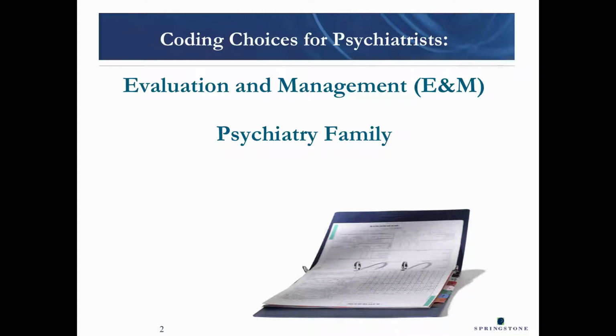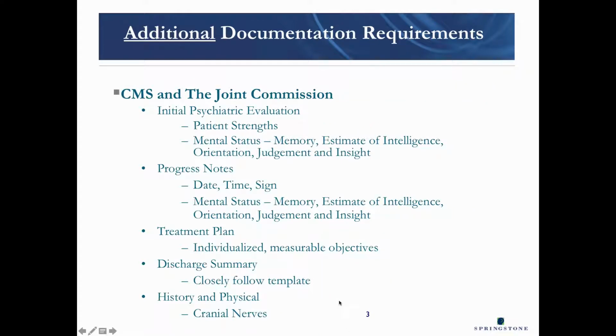The E&M codes, evaluation and management codes, that all medical providers can use, as well as what is referred to as the psychiatry family of codes, and these include the codes that we use for add-on psychotherapies, for ECT, TMS, etc. But in addition to the documentation requirements that our billing systems require, the CPT system, we also have other documentation requirements that we need to meet based on CMS and the Joint Commission.